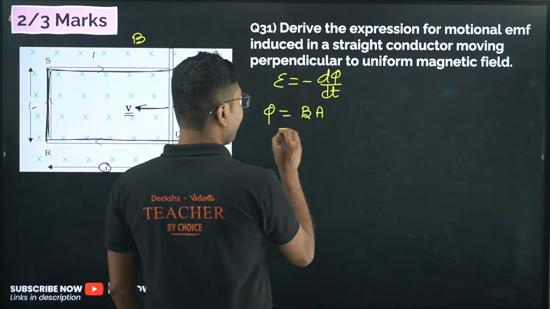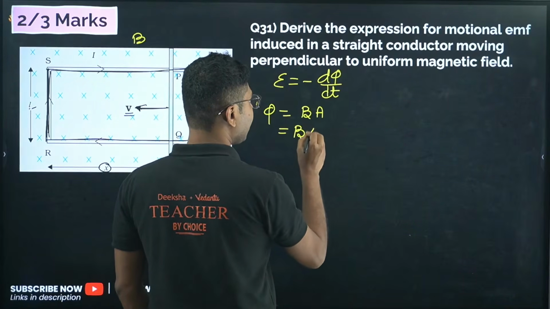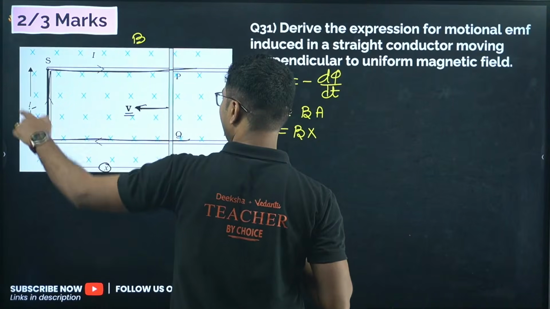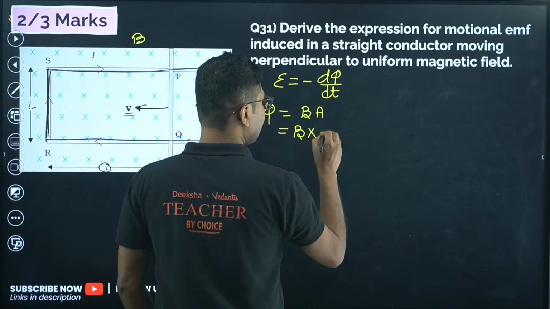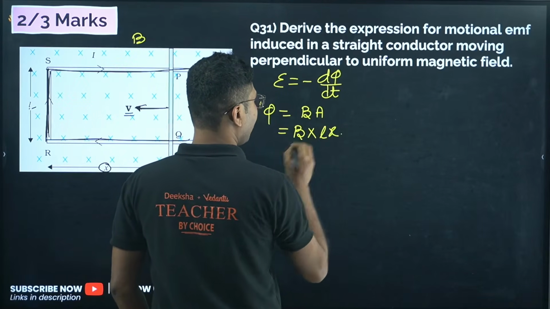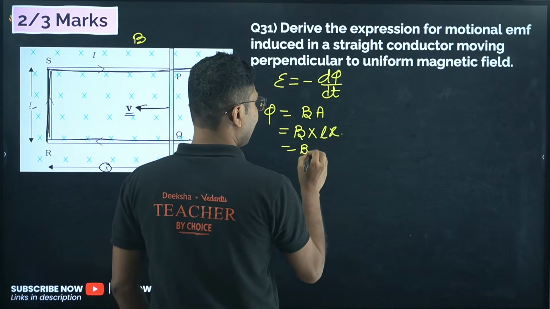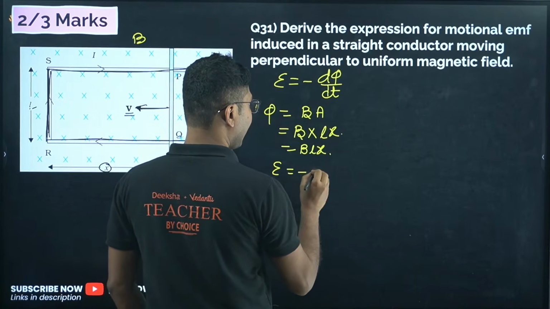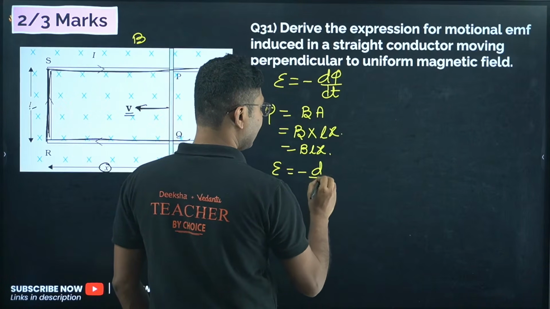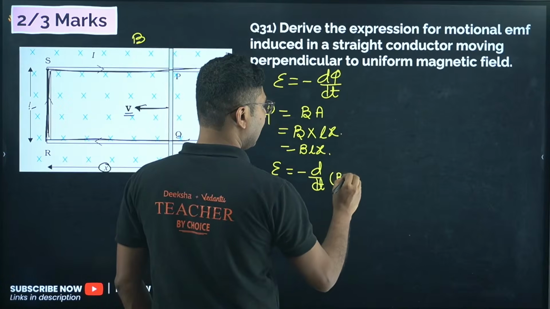Now B is given in the question. What is the area? Area of a rectangle is length into breadth, so that is L into x. So phi will be B L x. So induced EMF will be minus d/dt of BLx.